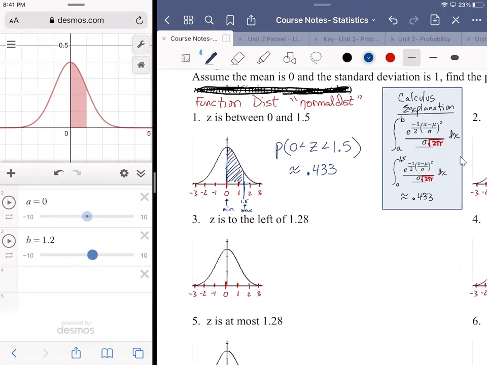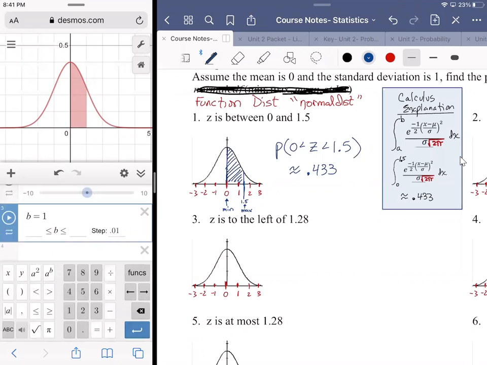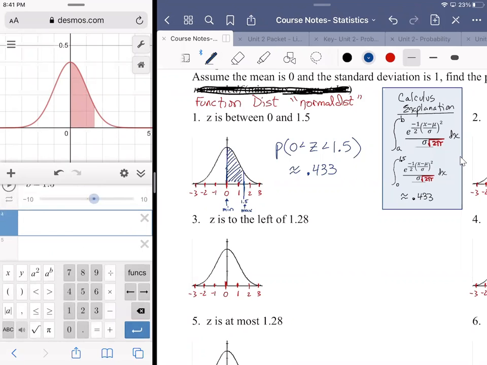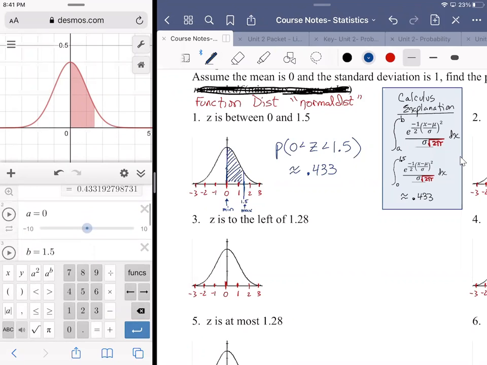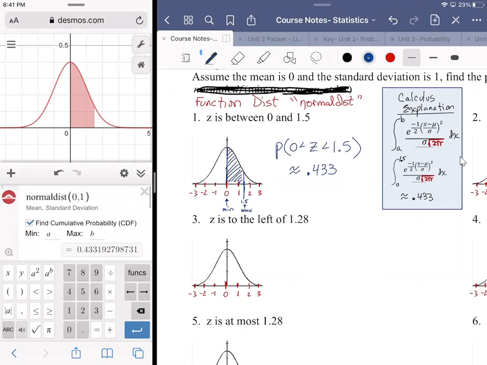It'll work because I know the one that I created already does work. I just don't know why it's being difficult right now. Must have done an update or something. Either that or I'm misremembering. But either way, you manipulate the A and B values here rather than doing it in your normal distribution so that you don't have to mess around with the min and max in there. Either way, you get 0.433.